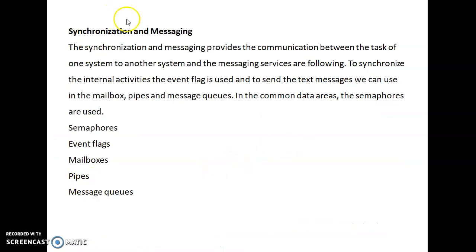There are a few messaging and synchronization techniques utilized in an RTOS, like semaphores, event flags, mailboxes, pipes, and message queues. Semaphores and event flags are used for synchronization so that tasks run on the CPU, and to communicate among the tasks, they need mailboxes, pipes, or message queues. So these functions are implemented in an RTOS to provide synchronization and messaging between the tasks.